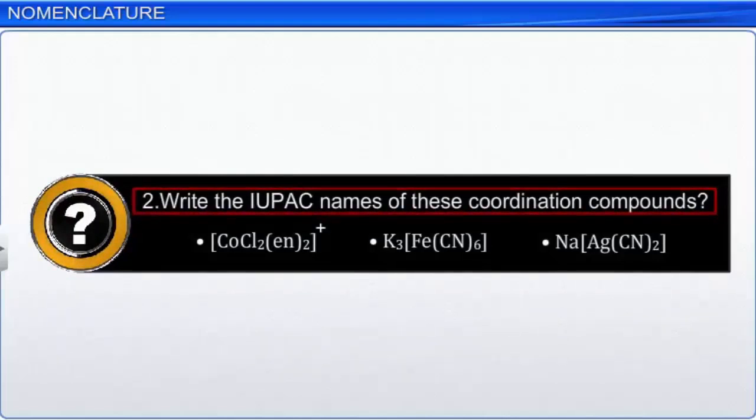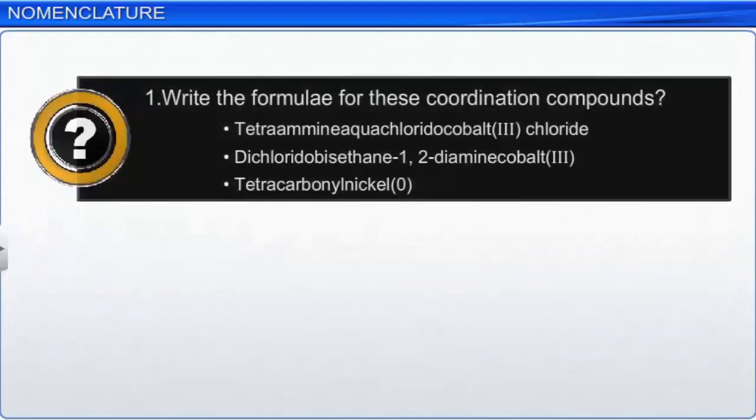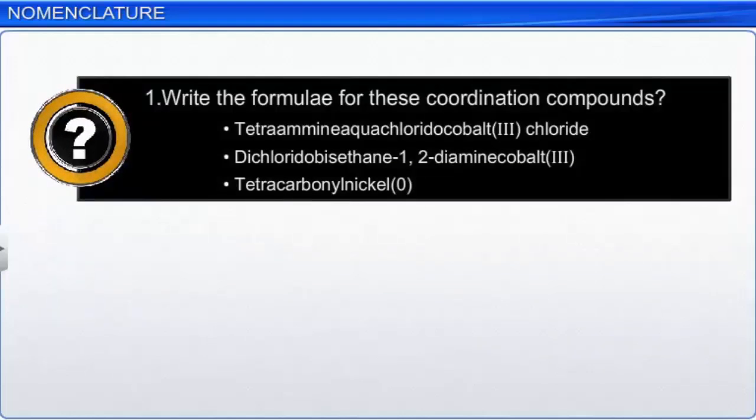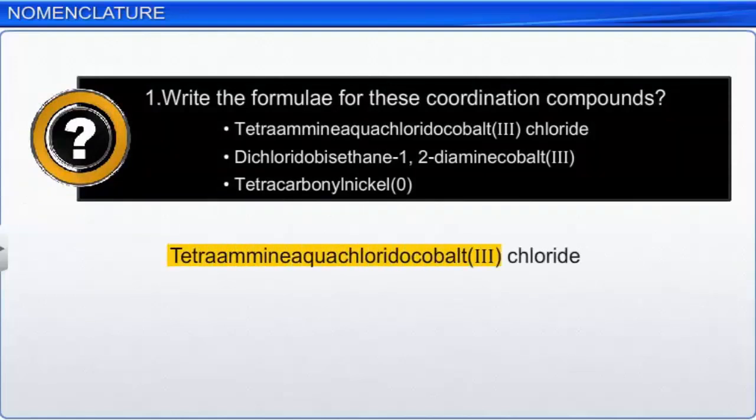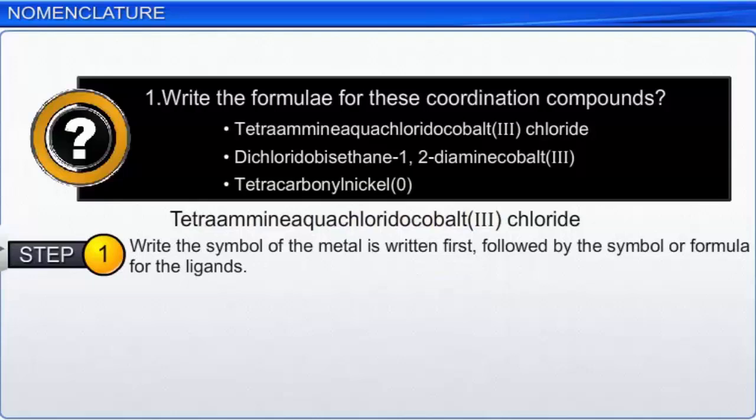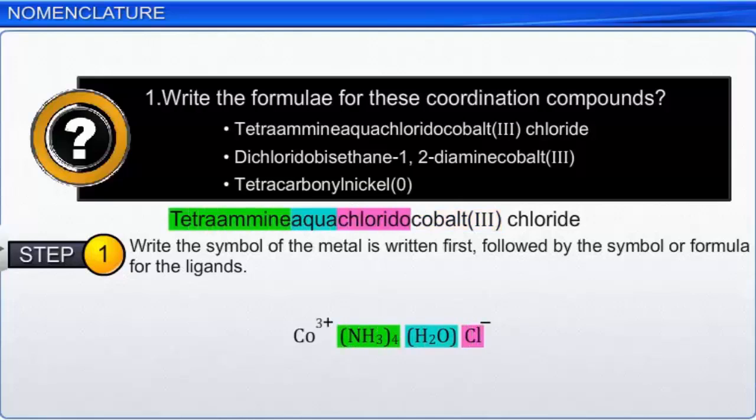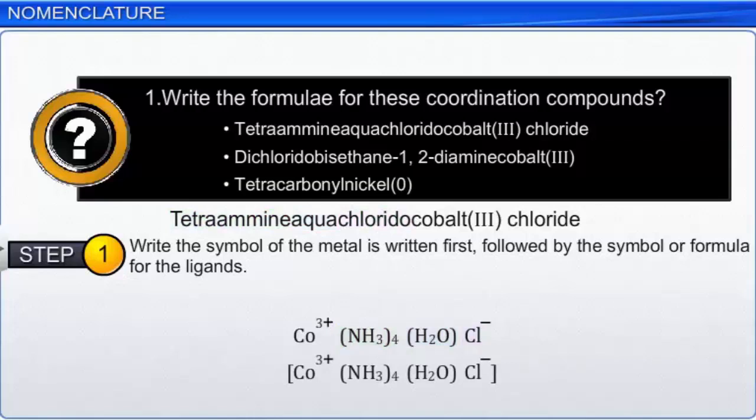Let's write the formula for the first complex. The coordination sphere is the cationic part in this complex. For writing the coordination entity, the symbol of the metal is written first, followed by the symbol or formula for the ligands. Hence, the coordination sphere is written as Co followed by NH3 and H2O ligands in brackets, followed by Cl. The next task is to balance the charge on the cation with the charge on the anion.